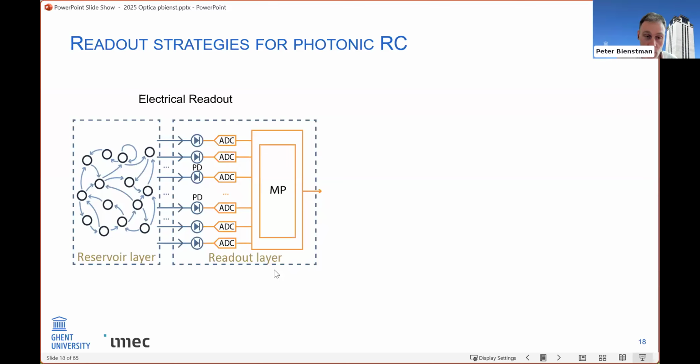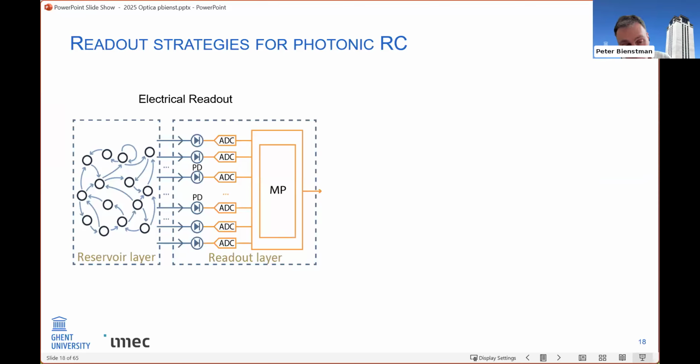But obviously that does not really scale because you cannot have a large number of high-speed ADCs on a chip. And also in practice, to do these experiments, we did not even do that. We cheated because we took a fiber that we used to sequentially measure all of these channels one by one and then realign them and process them offline on a computer.